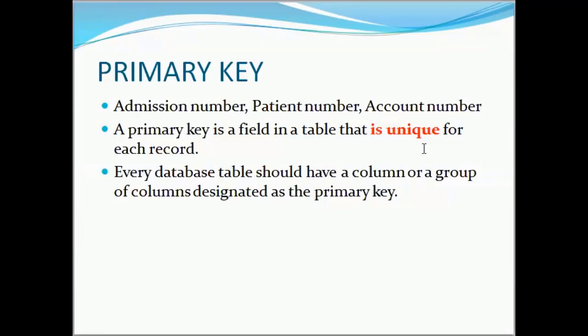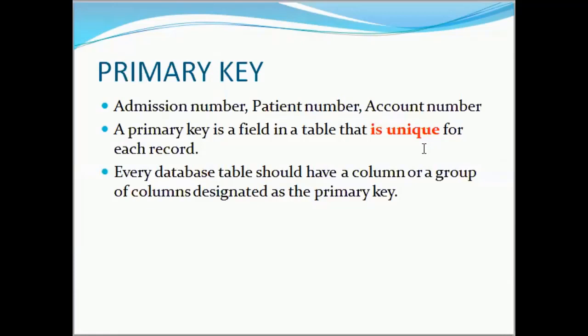Likewise, when you go to a hospital, the first thing they will ask is the registered phone number. When we give the registered phone number, you will get a particular patient's details. So phone number is acting as primary key. Likewise, patient number, and account number in banks.